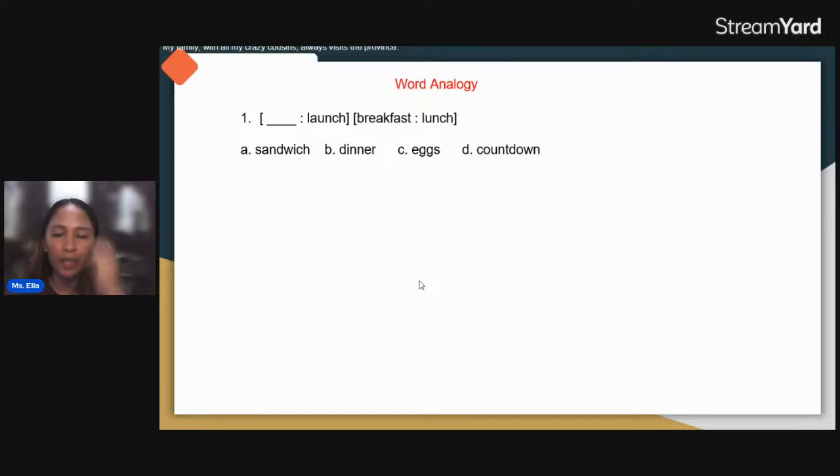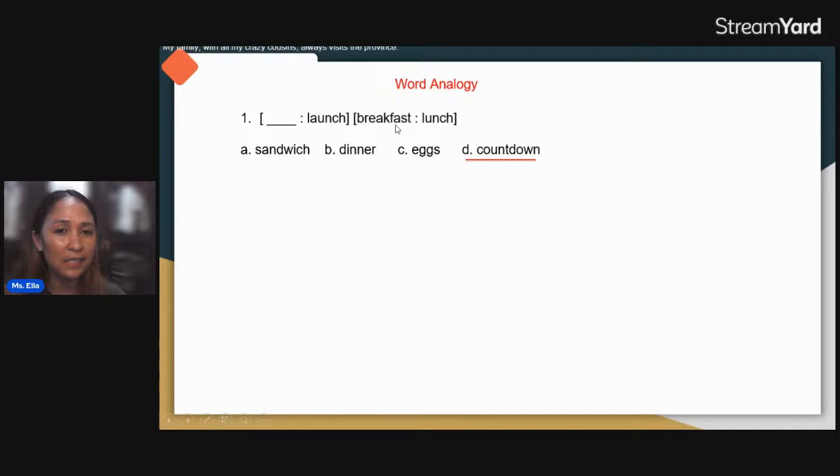Okay, so the correct answer for number one is letter D, countdown. Why countdown? First, let's analyze the words. Lunch here means to begin, or to start. In the relationship between breakfast and lunch, before we eat lunch, we must eat breakfast first.